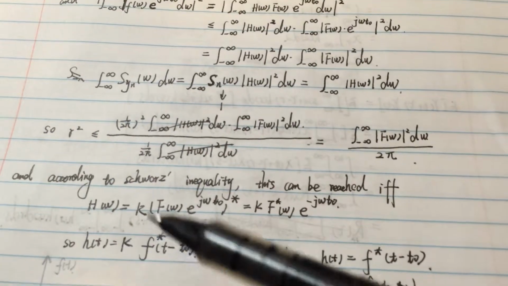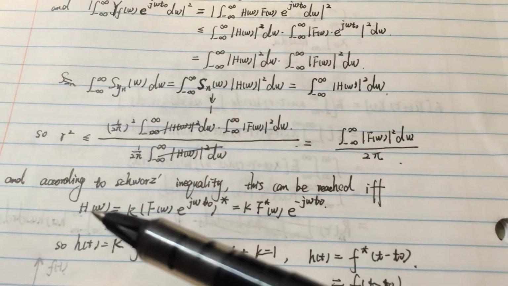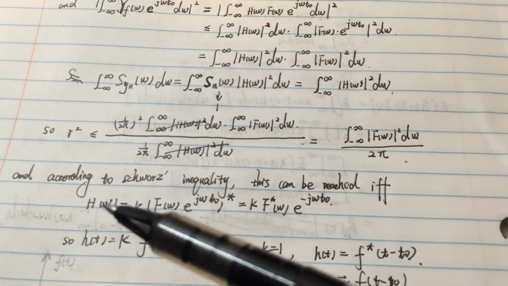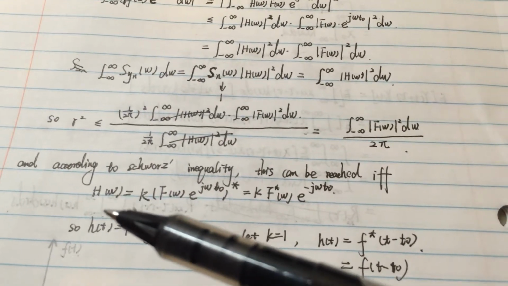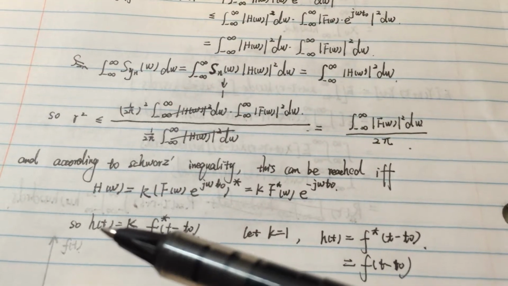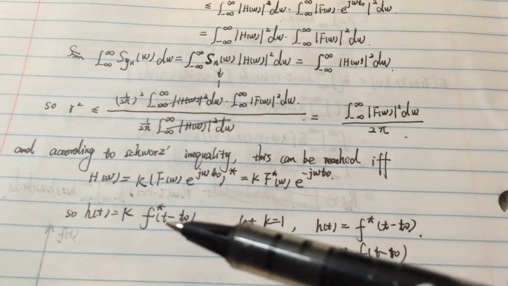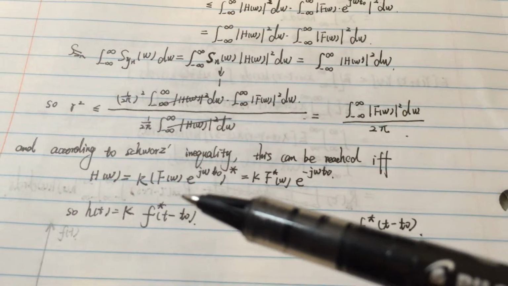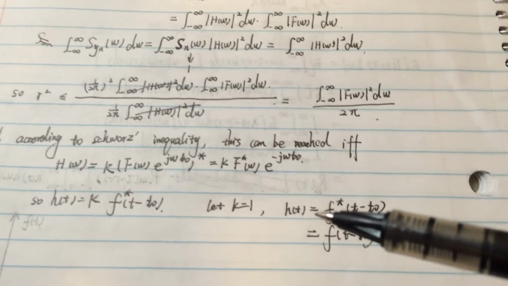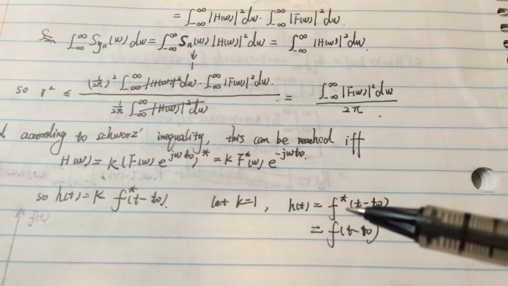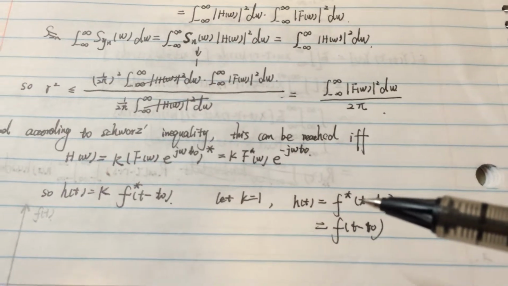Since capital H(omega) is the Fourier transform of h(t), h(t) equals k times f(t minus t0) conjugate, and we let k equal 1. Then h(t) equals f(t minus t0) conjugate, and we have proved it.